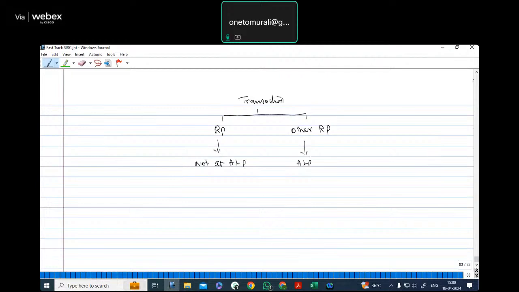It is not necessary that in all cases it is not at ALP, but the general belief is that it is not, and when the transaction is between other than related parties, we will take it up as at arm's length price.